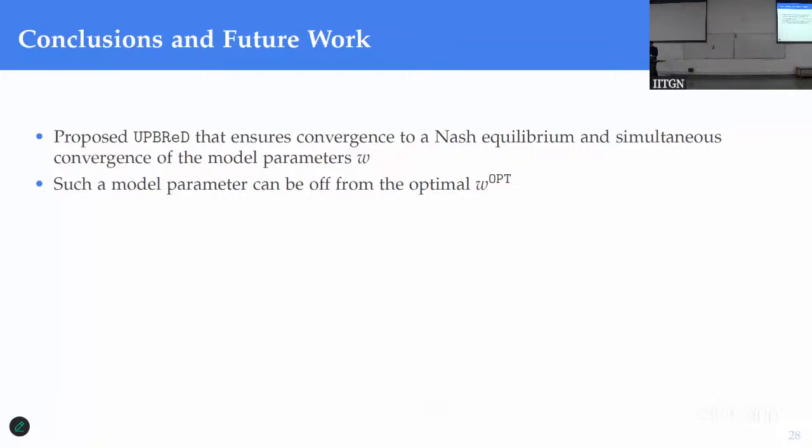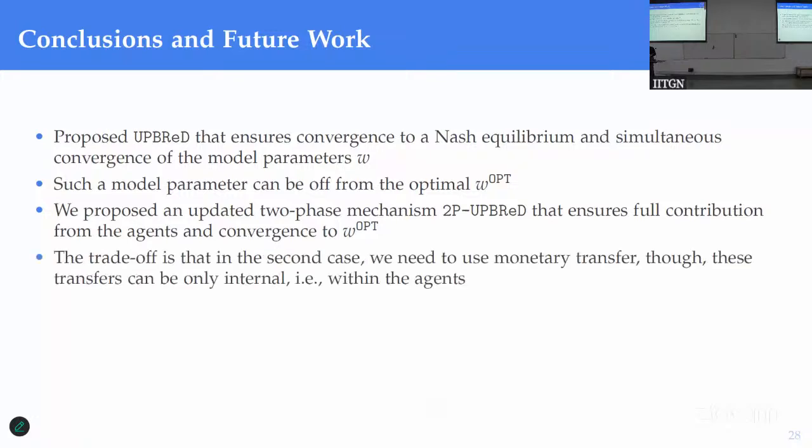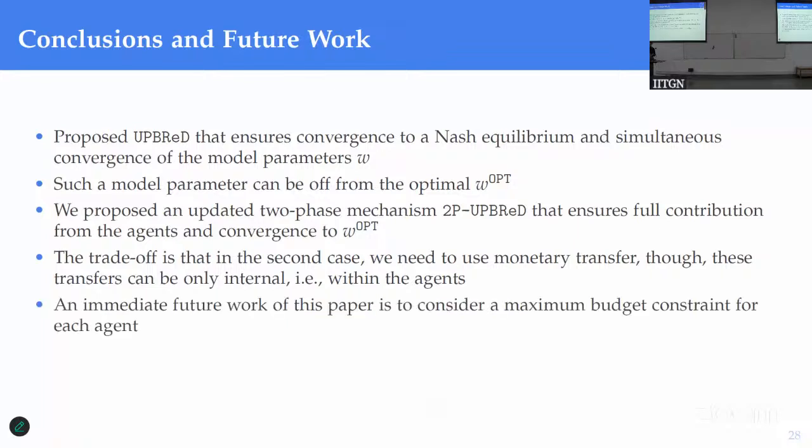Now we update that algorithm into the two-phase algorithm, which ensures full contribution from these agents and will converge to W opt. The trade-off is that you are using monetary transfer. The transfers are only internal. An immediate future work would be to consider a maximum budget. Here we are assuming that beta could be arbitrary.